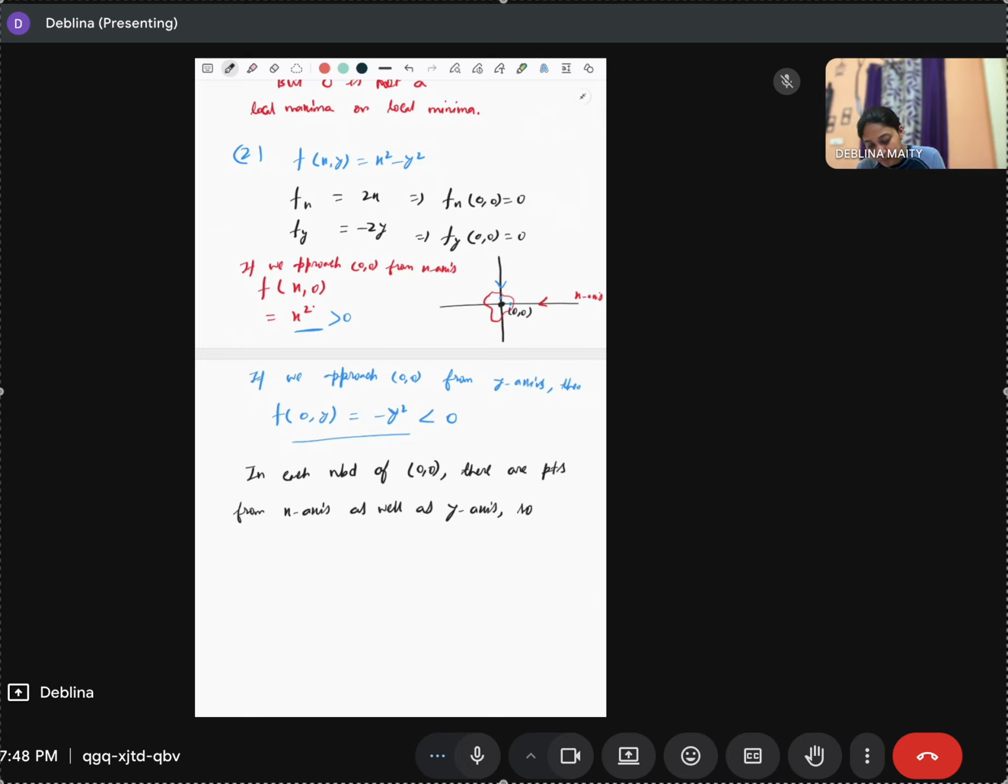So in each neighborhood of (0,0), there are points where f assumes positive and negative values.